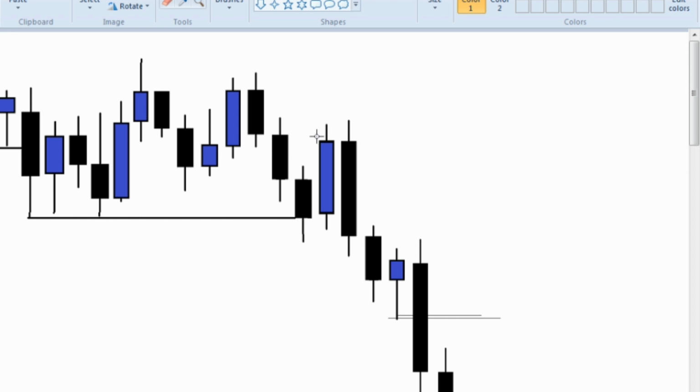Now what will people think here? People will think the market is in a downtrend and the market also closes impulsively, so they suddenly enter in a downtrend and go into a selling position. And when they enter the selling position, the market will go up. Why? Because the market wants to shake them out.